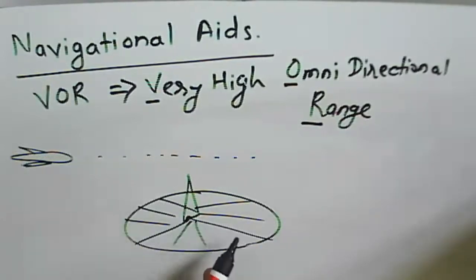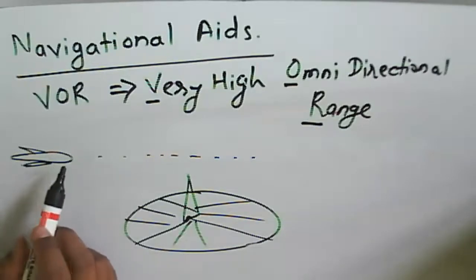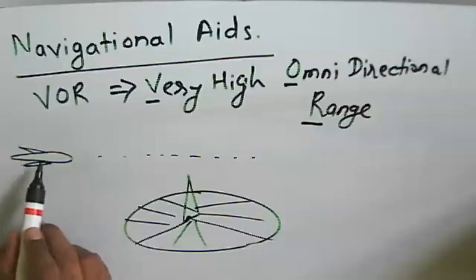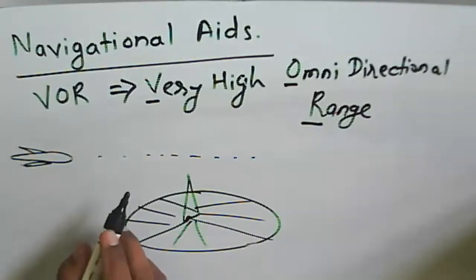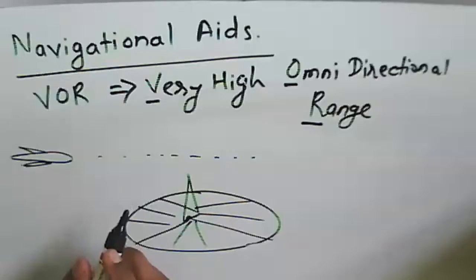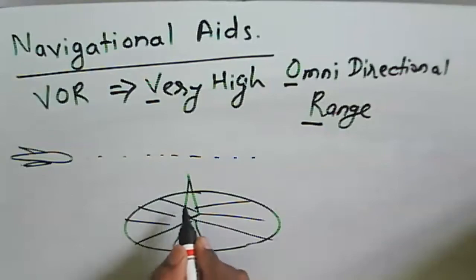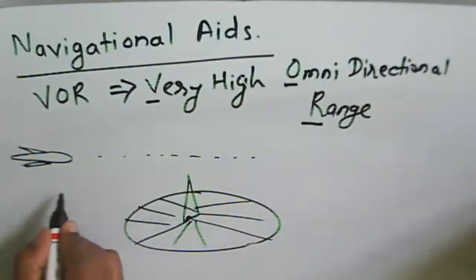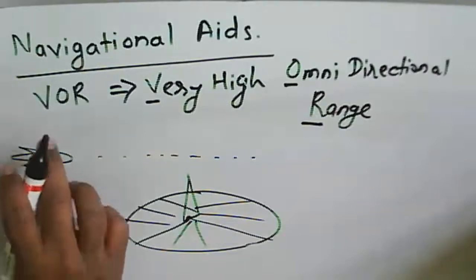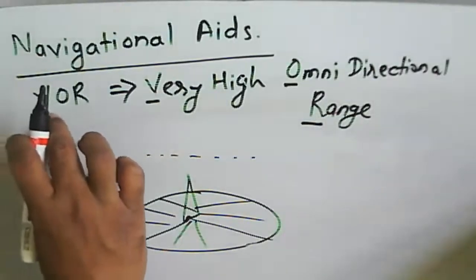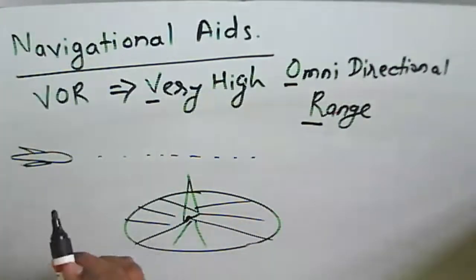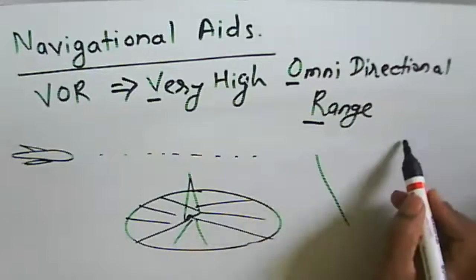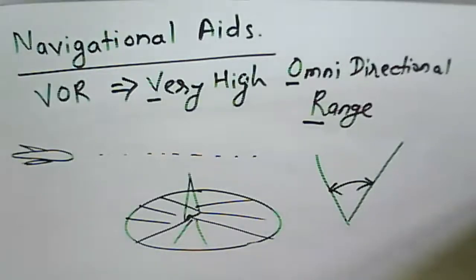From this ground equipment we can provide one transmitting signal to the aircraft, and the VOR receives the signal. So a signal will be transmitted as well as received. We send the signal from the ground equipment, and it will be received at this VOR. So what are the components at a receiver? What are the components at a transmitter here? And then generally this is about a bearing angle. So what will be the bearing of the aircraft?